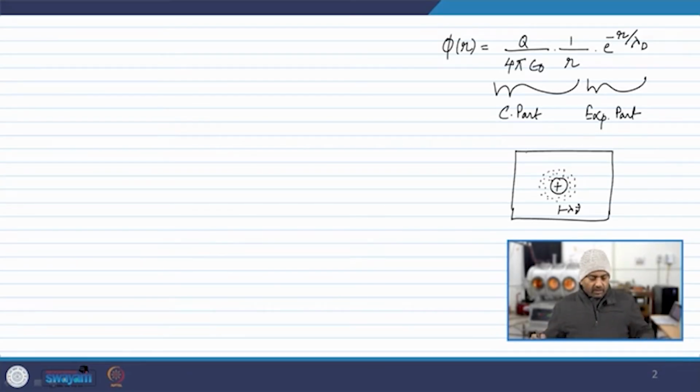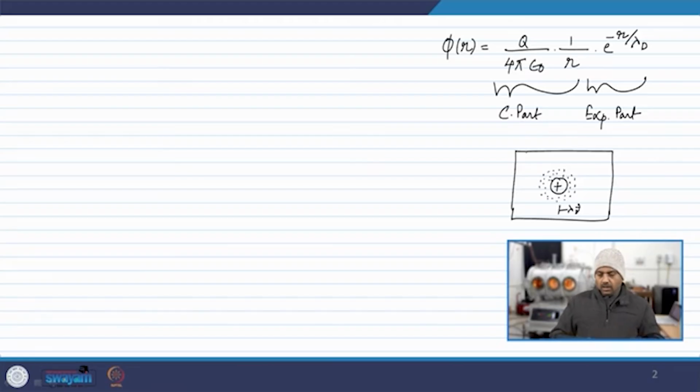So, plasma is effectively shielding the positive charge, or we can say that plasma by means of its collective behavior has an ability to screen charges, or to shield itself from external electric fields. This understanding is similar to what we see in the case of skin depth, right.